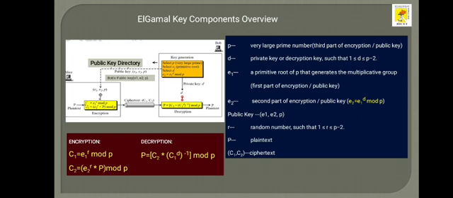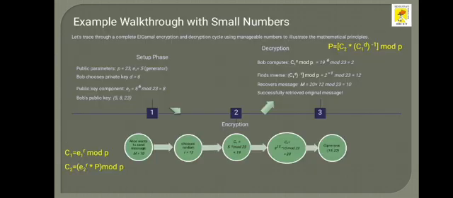After that we need to multiply that value with C2. So in this algorithm, Alice will use the public key of the receiver to generate the ciphertext, and the receiver will use the private key to generate the plain text.